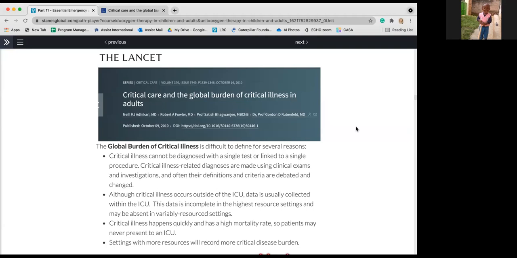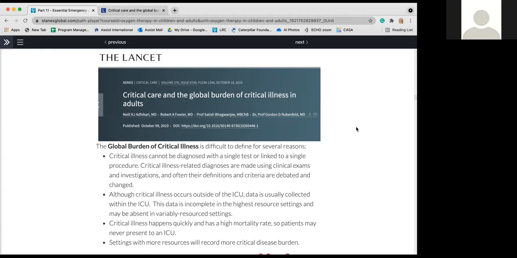So, as people can see, it is very difficult to have enough data on critical illness. First, there is no single test where you can diagnose everyone with critical illness. Second, some critical illness may occur out of ICU, and mostly we collect that information in the ICU.